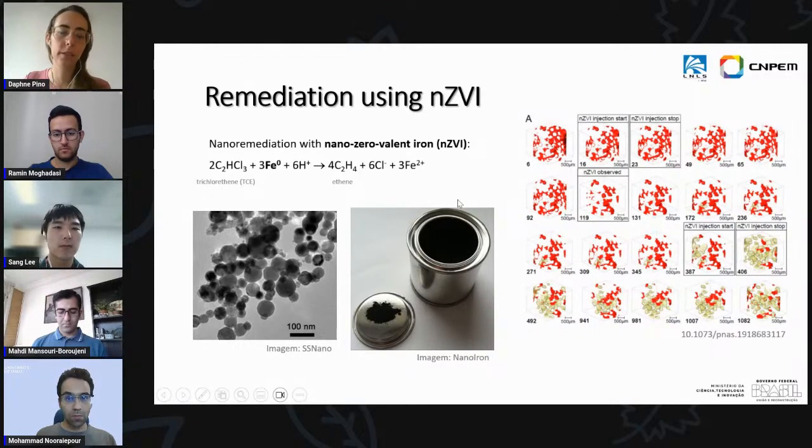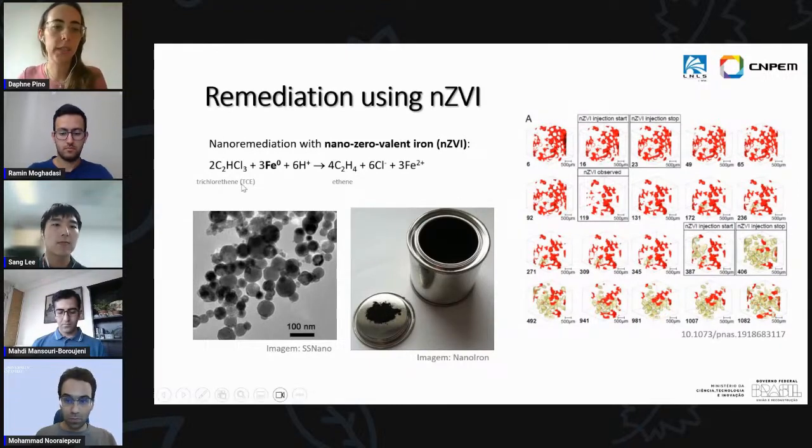Mm-hmm. So yeah, it's not a perfect thing in my opinion, because you're still enriching your aquifer with iron, but that's still way better than having TCE in your aquifer, because if it degrades to DCE or to vinyl chloride, it's even more toxic than TCE because it can cause cancer. You have trouble with vapor intrusion.